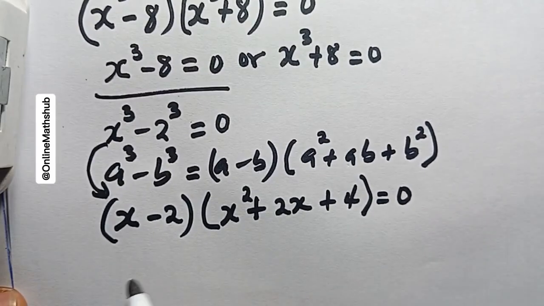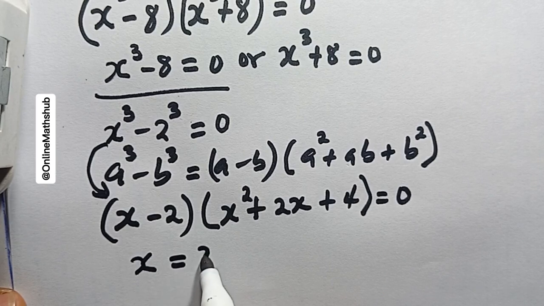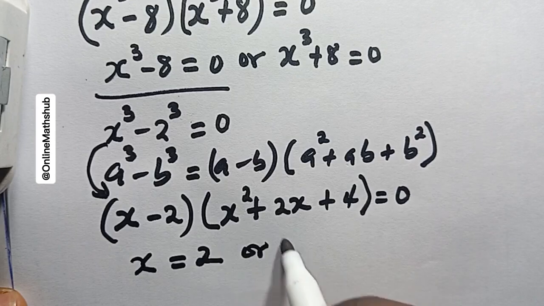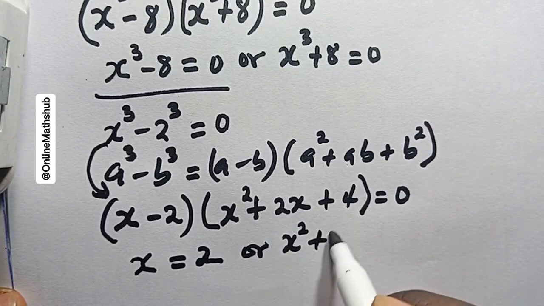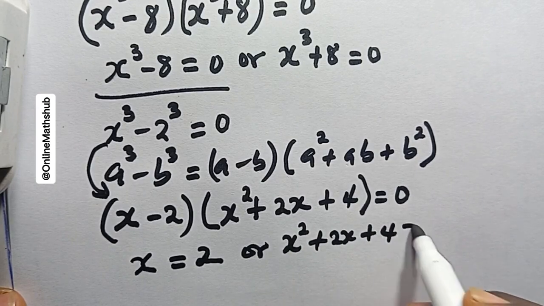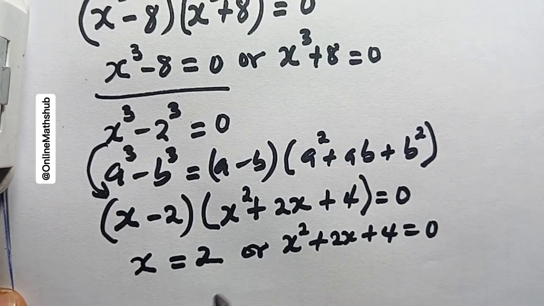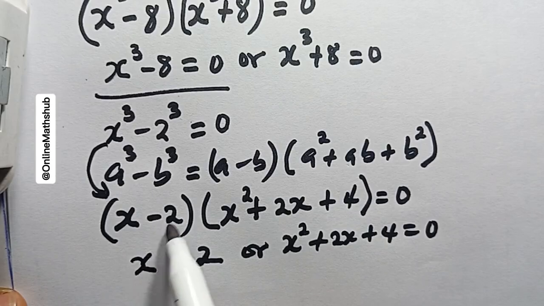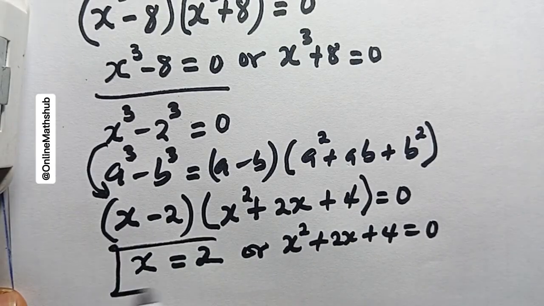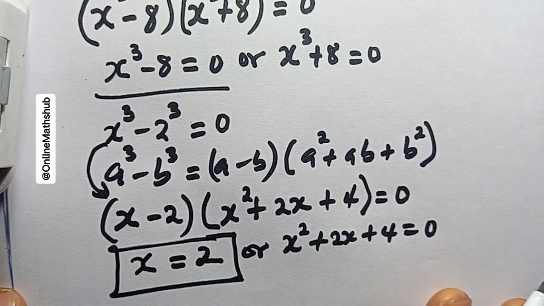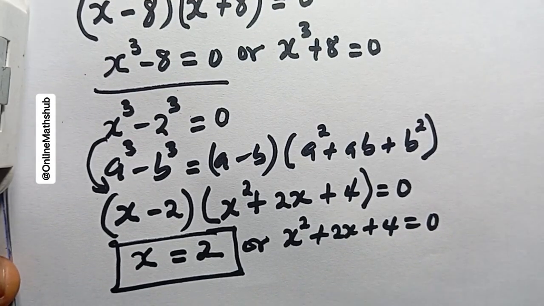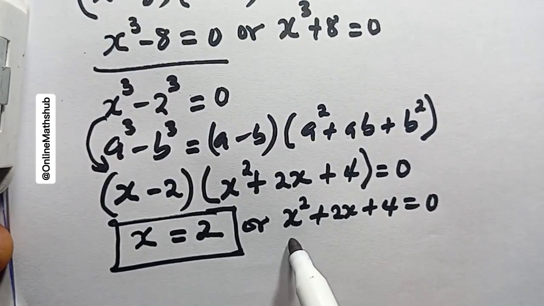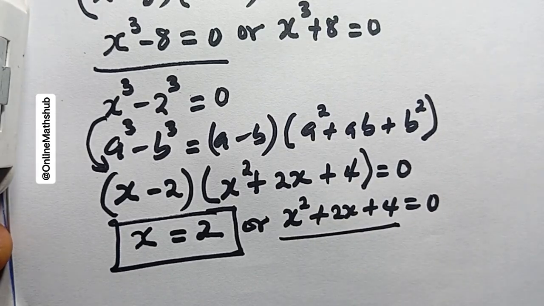At this point you can see that when we apply the zero product rule, x is equal to 2, that is when we take this case, or x squared plus 2x plus 4 will be equal to 0. I just equated the bracket to 0 and added 2 to both sides, and that is how I got this first value of x, which shows that x is equal to 2.